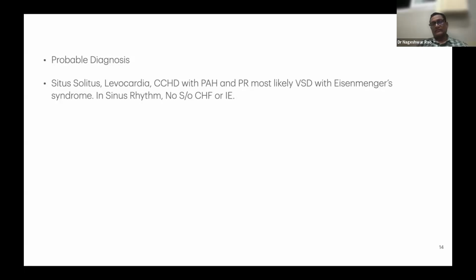That is what we observe most of the time, and many books, including Perloff, describe it. So the pulse pressure is high to begin with, then it becomes normal, and once PR develops, it goes back to a high volume pulse. So that could be another way to differentiate VSD from Eisenmenger, or VSD from PDA Eisenmenger, when you have PR.